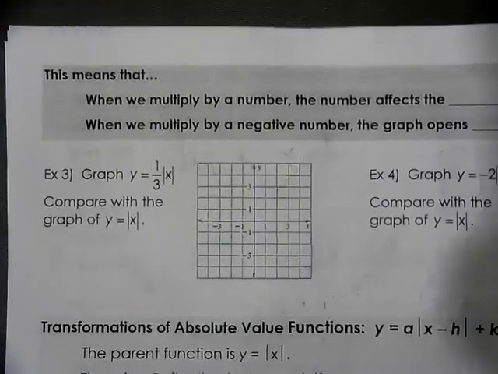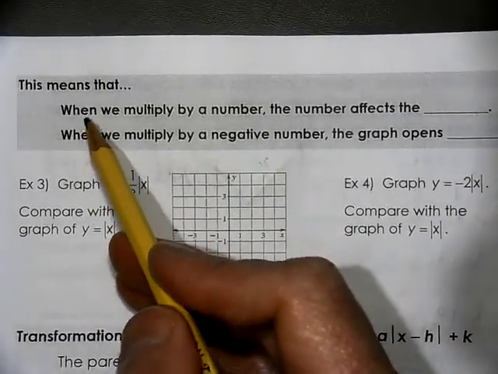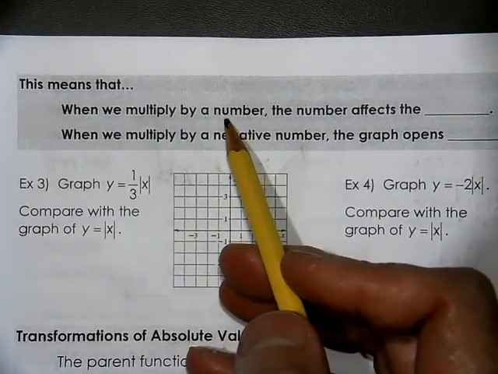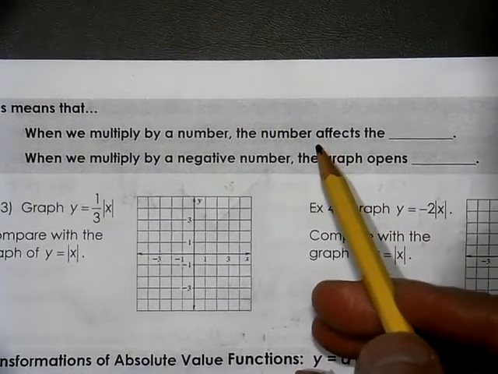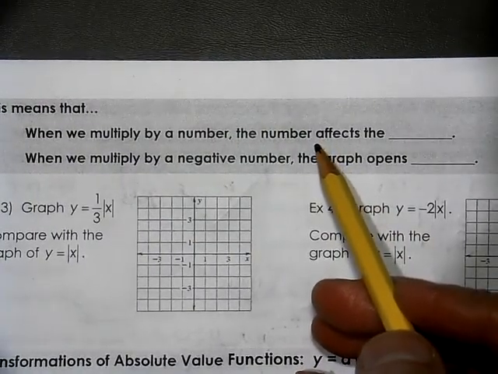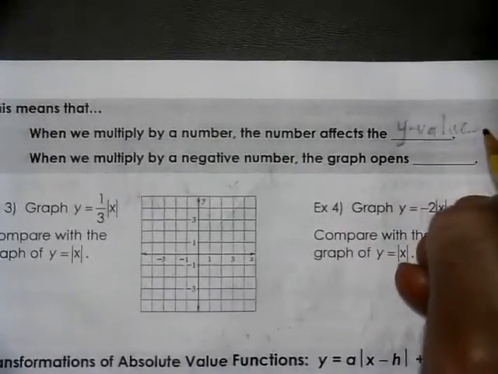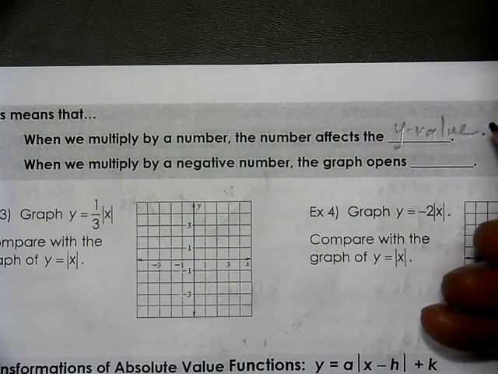On the flip side, we're pointing out the same thing we talked about on the other side. When we multiply by a number in front of the absolute value, the number affects just the y value. So you can multiply the y value by that a value.